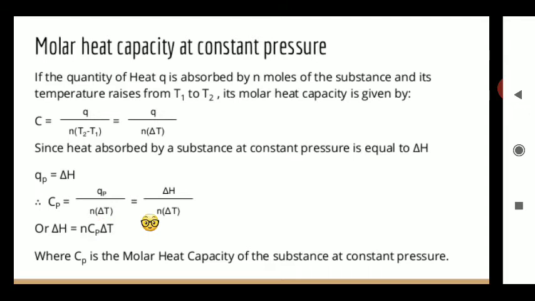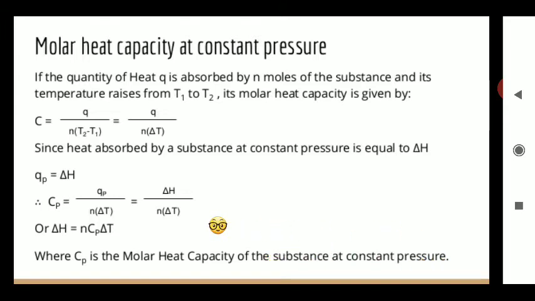So Cp is equal to Qp upon n into delta T. The basic definition is this one, or you can write delta H upon n into delta T, or simply delta H is equal to n into Cp into delta T, where Cp is known as the molar heat capacity of a substance at constant pressure.